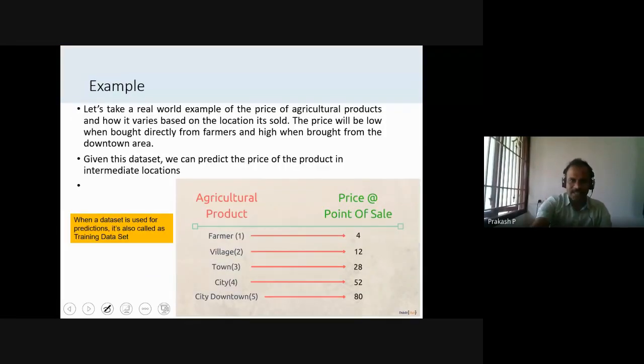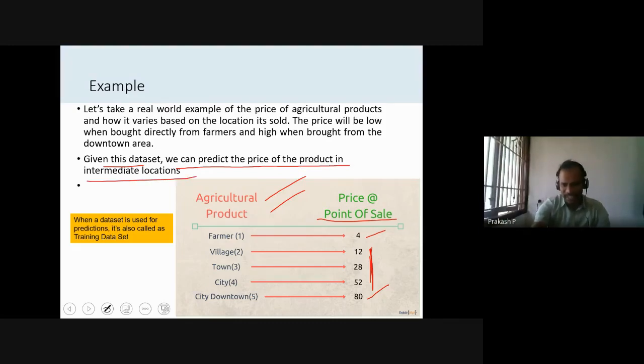Now we will come to a real world example. Assume there is an agriculture product priced at the point of sale. I am trying to sell it at a farmer's place. It's 4 rupees. When it reaches a city like Bombay or Chennai, it may reach 80 rupees. In between, there are 12, 28, 52. Now for the given data set, we need to predict the price of the product at an intermediate location.